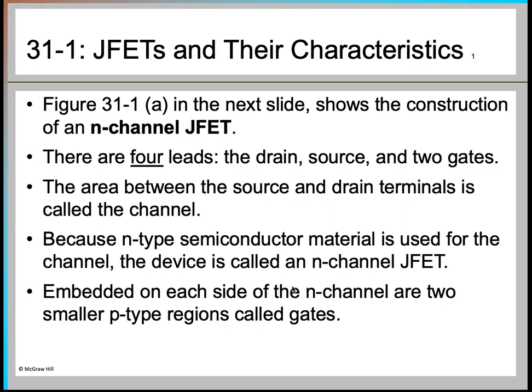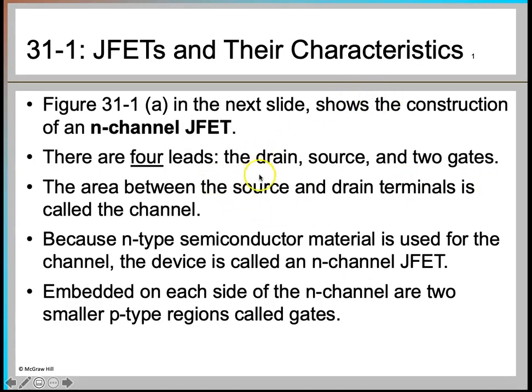So this JFET and MOSFET are further divided into different categories. Let's first focus on the junction field effect transistor. If we look into the junction field effect transistor, then this is divided into two types. First is called your N-channel JFET, and another one is your P-channel JFET. And these JFETs have four leads.